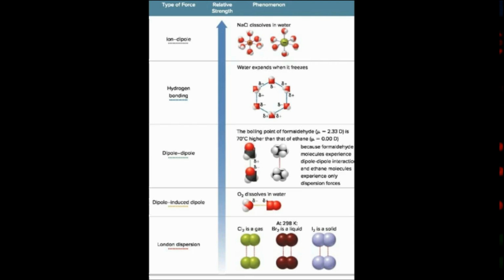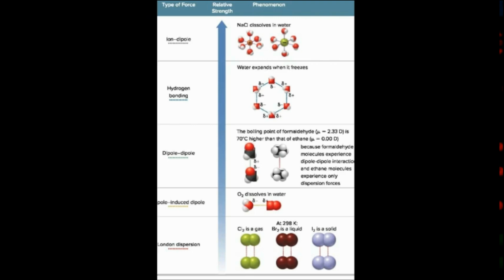The water surrounds the sodium ion and the negative ion, which also gets attracted to the positive part of the molecule, the hydrogen part. While sodium, because it's positive, gets attracted to the negative part of the molecule.